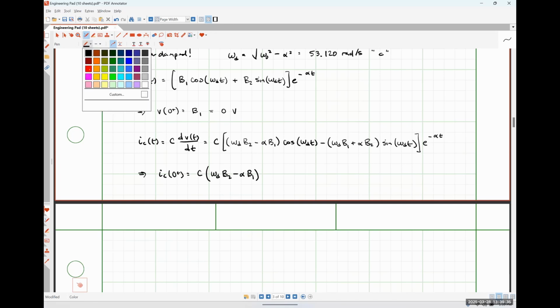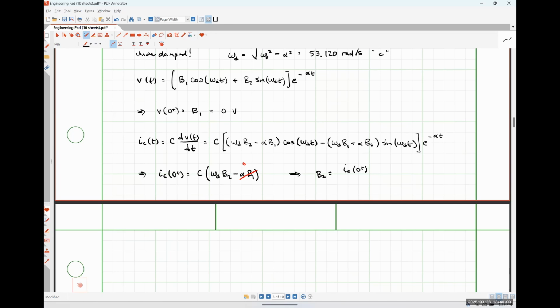Well, alpha times B1 is 0 because B1 is 0. So from this, I could say that my coefficient B2 that I'm ultimately trying to solve for is just going to be IC at 0 plus divided by C times omega_d.